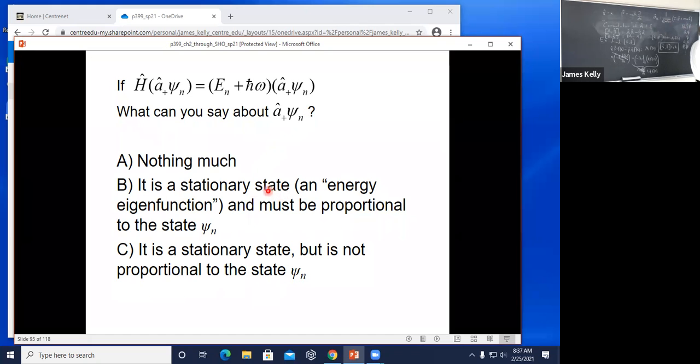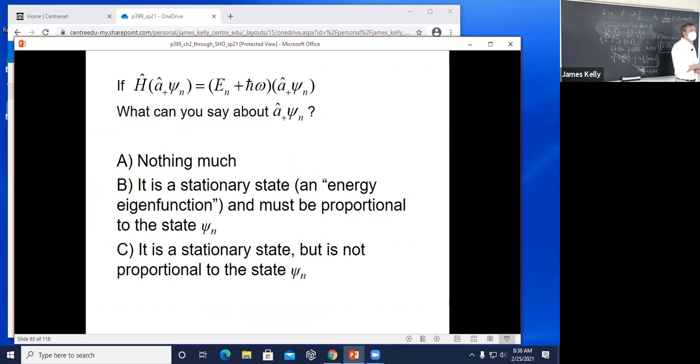That's not the correct answer in this case. It's not proportional to the state psi n. How might I know that? Let's suppose that A plus operating on psi n were just 7 times psi n. That's what B is saying, right?